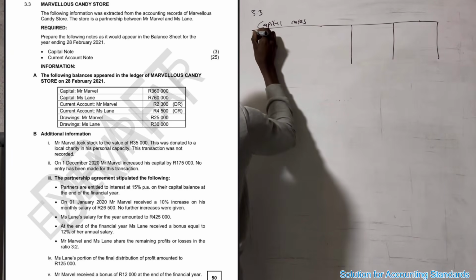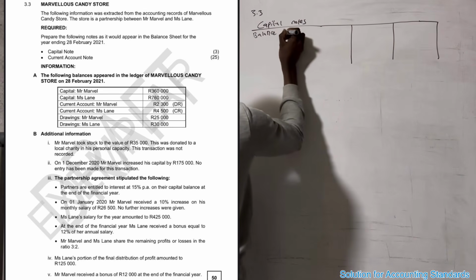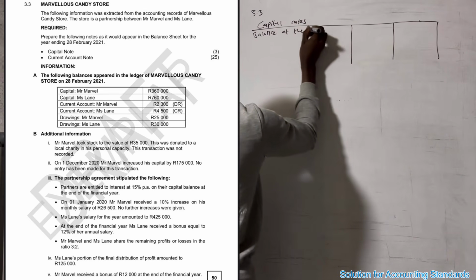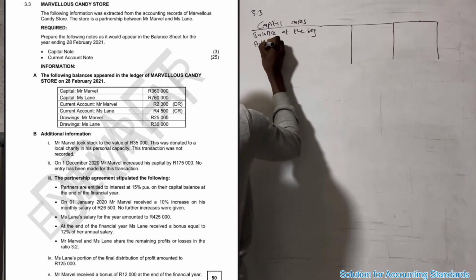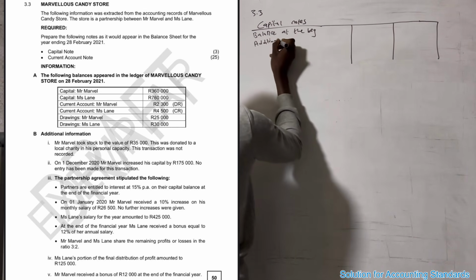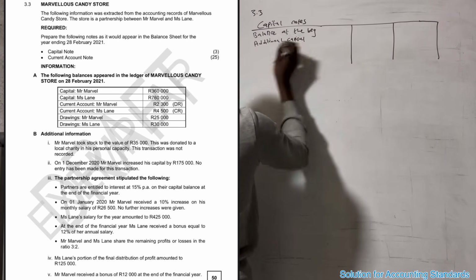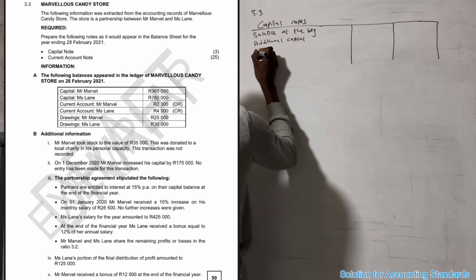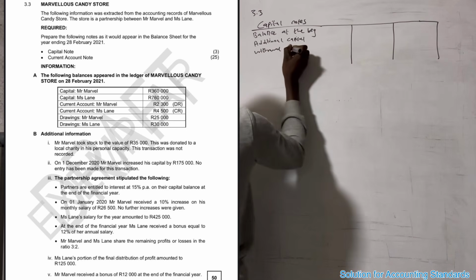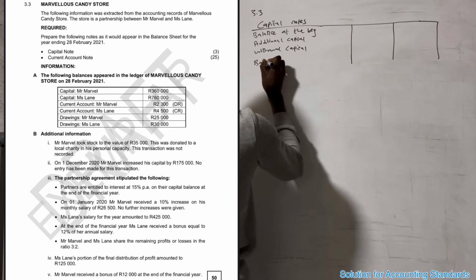Okay, we're gonna have a balance at the beginning and additional capital and the withdrawal capital and balance at the end.